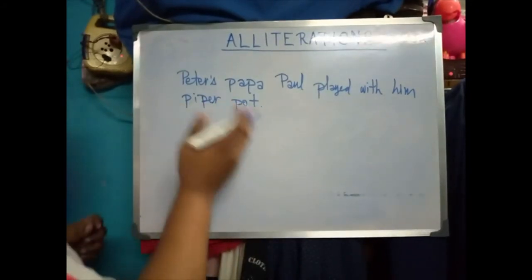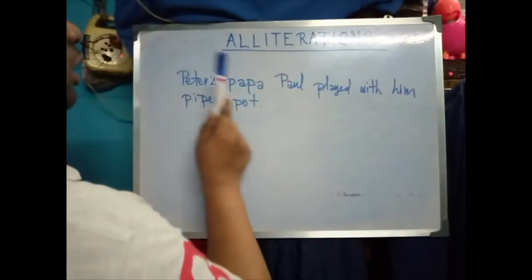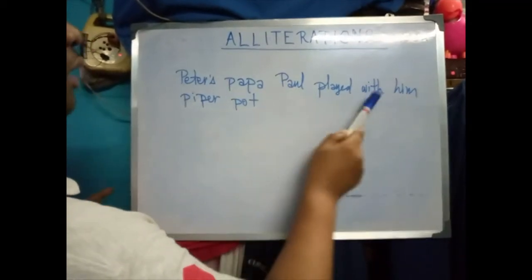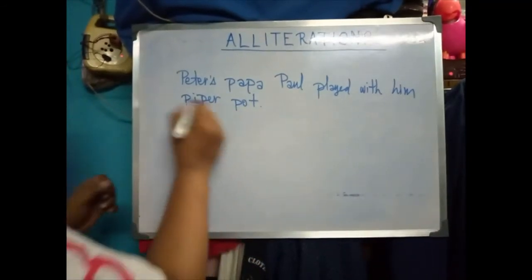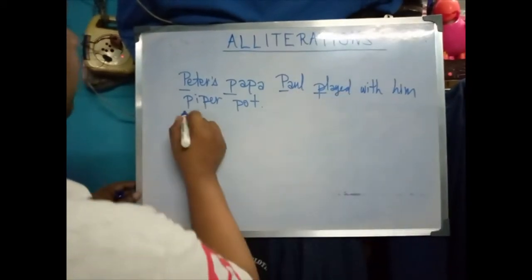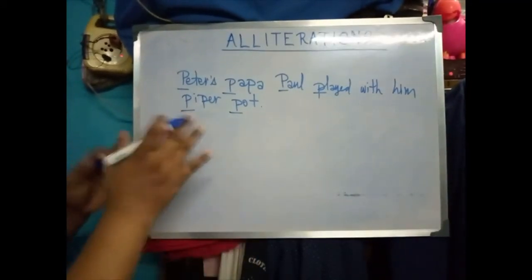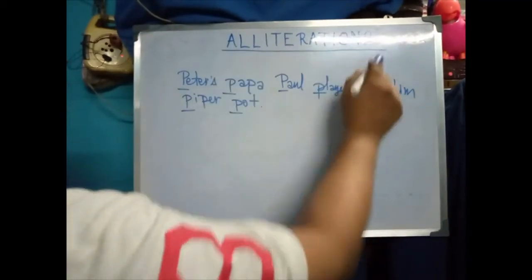Here you can see the repetition of P has taken place everywhere: P, P and P. So this is a proper example of alliteration.